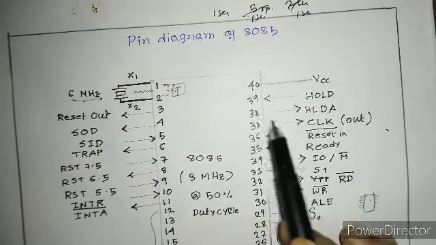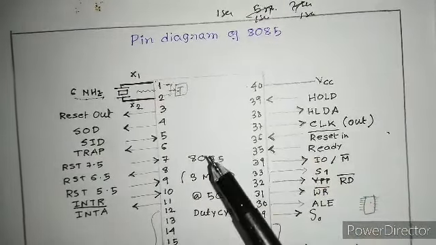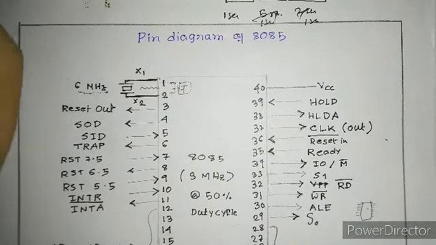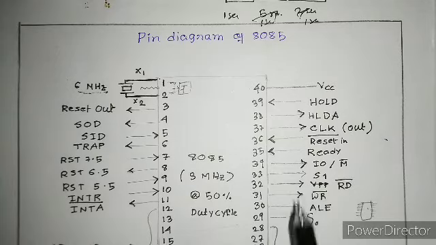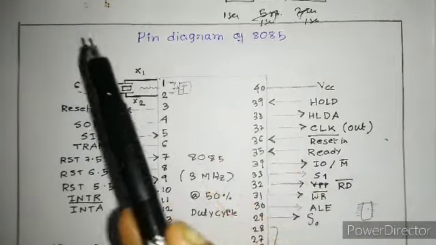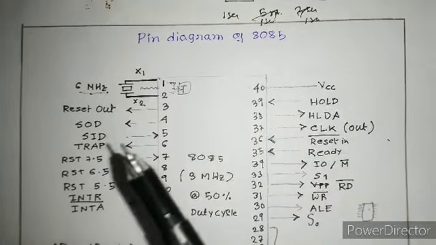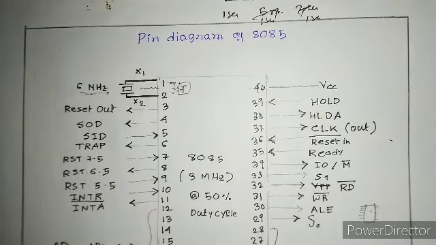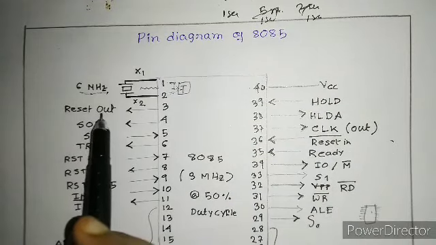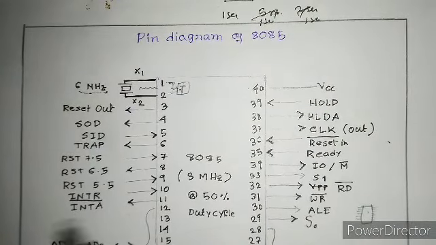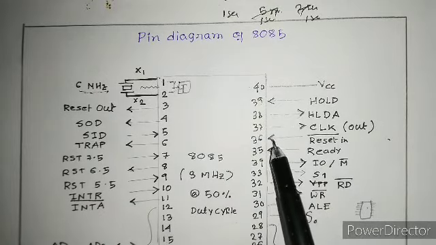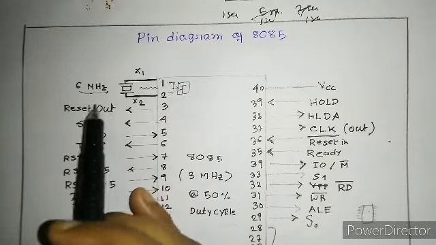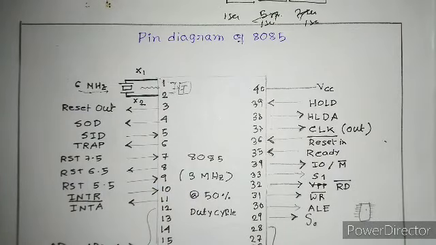Once it is 1, the whole processor will get reset. Now we know that the processor is the bus driver, okay? He is the leader. The processor can reset the other devices or the other chips that are connected with him by producing a signal out, and that is performed by reset out. Clear? So reset in will give the signal to reset the processor, then it will produce the signal on reset out to reset the others. Clear? Okay.